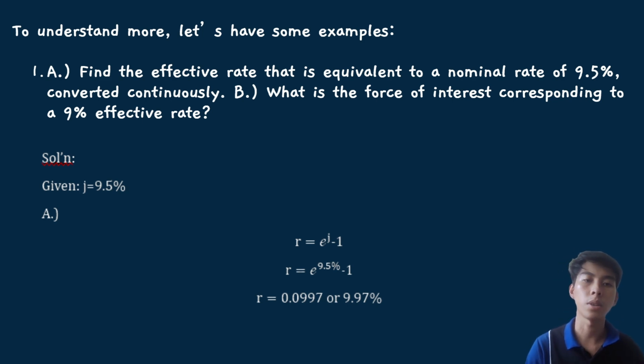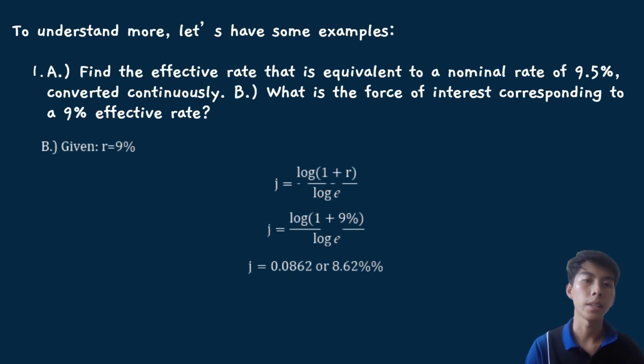And for the solution of problem B, in finding the force of interest, or the nominal rate, when we have an effective rate of 9%, the given is R equals 9%. The unknown is the nominal rate, which is our force of interest.